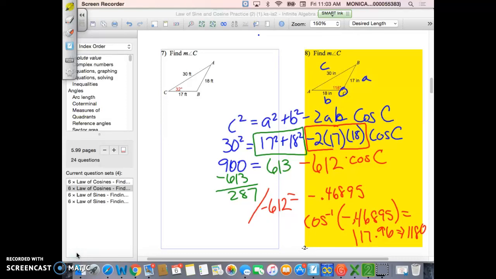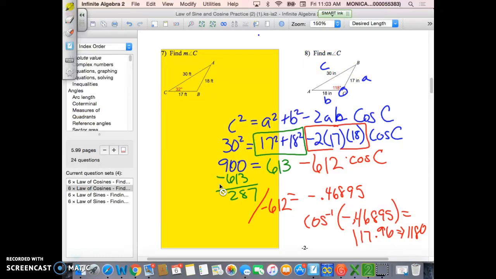I got 613, and then solved this one as negative 612 cosine C. So I subtracted 613 here, 287. I then divided by 612, and I got negative 0.46, found cosine to the -1 of that, and ended up with 117.96 degrees, which rounds to 118.